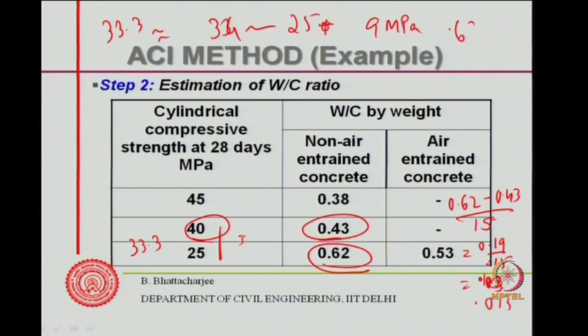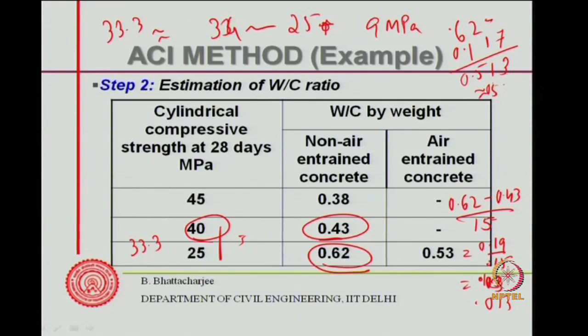So 0.62 minus 0.117 will come out to be about 0.51. So we take it as 0.51 or 0.5.